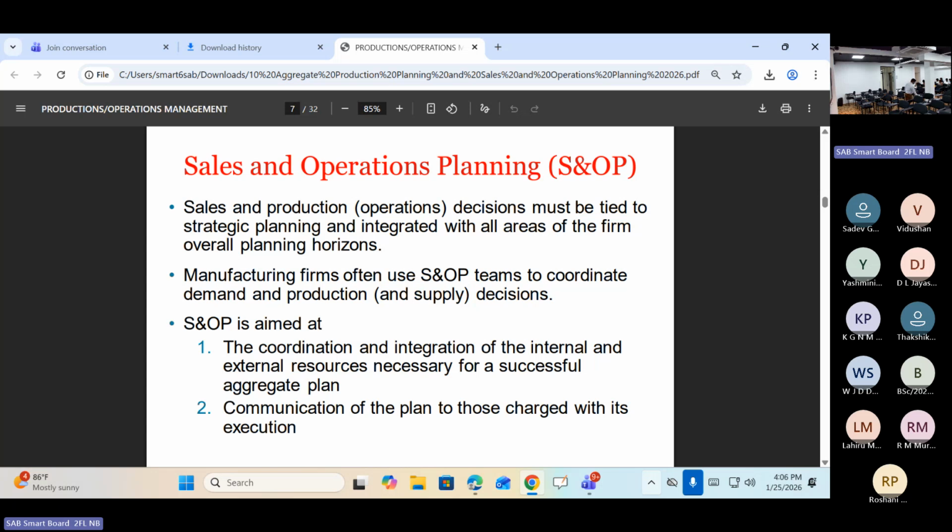It's a combination of individuals, a team of people from different departments, especially sales and operations, sales and production, plus marketing.